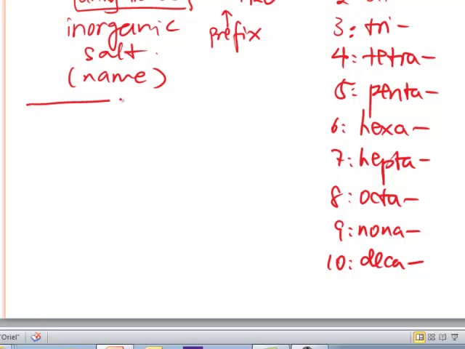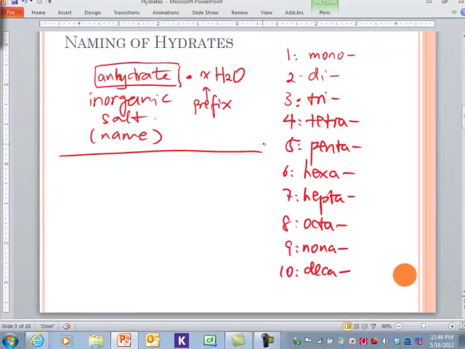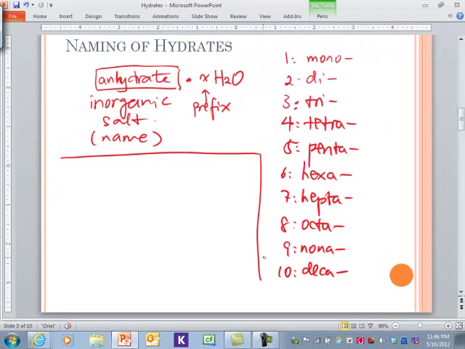To give you an example, just use the one we saw on the previous slides. The blue anhydrate will be cobalt(II) chloride, and now you'll have 6 water associated with each formula unit of that.